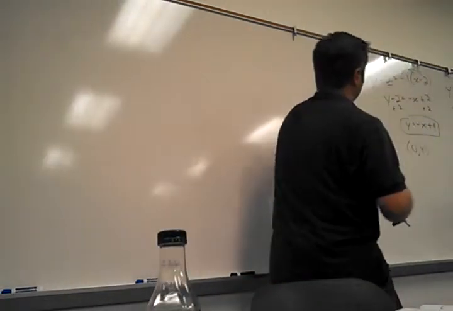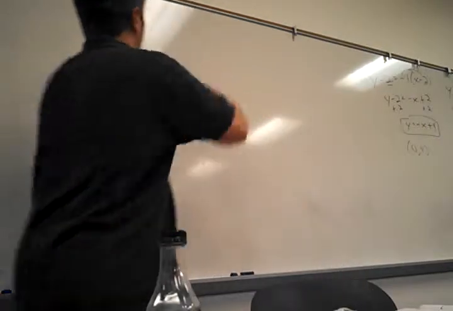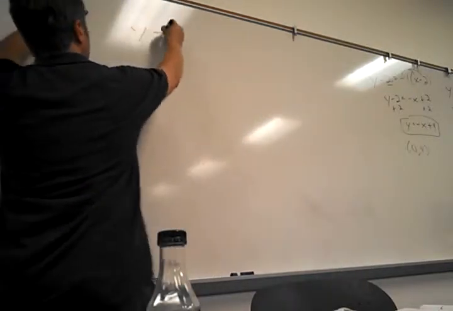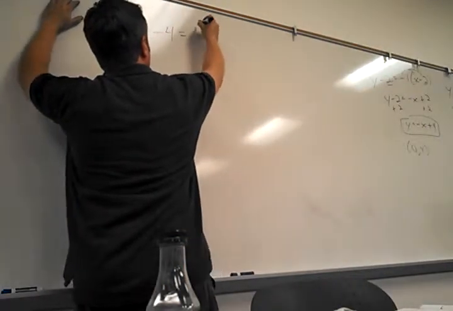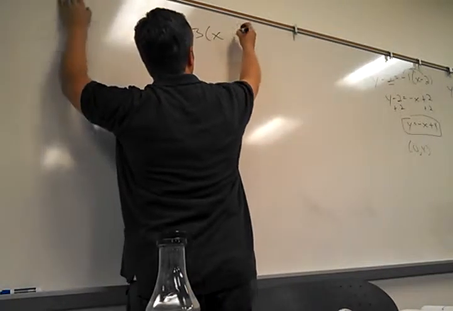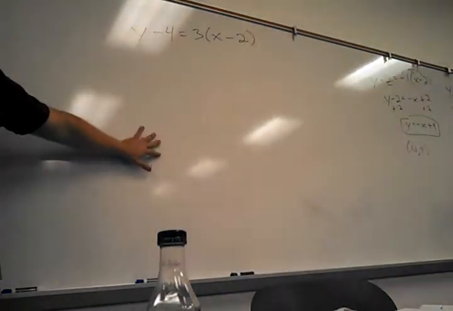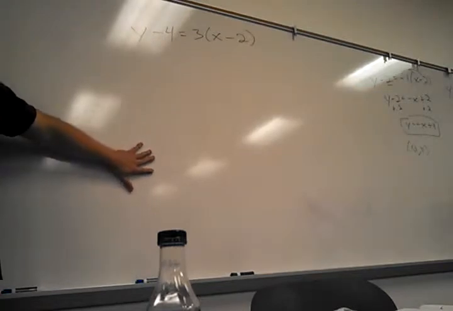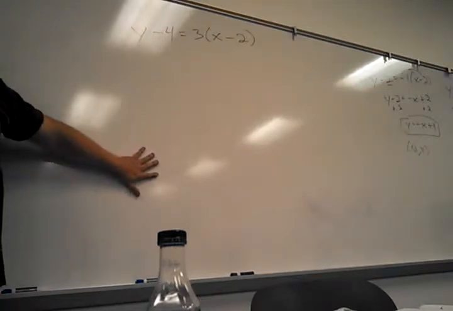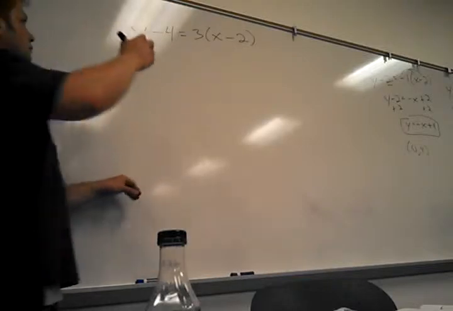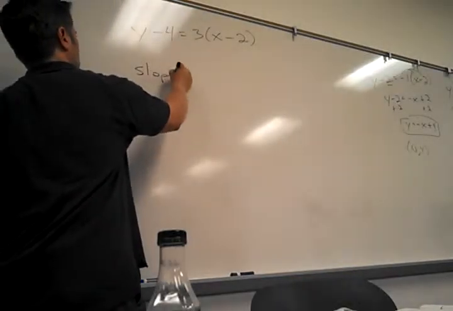Okay. So let me ask you this: if I give you an equation like this, can anybody tell me anything about that line specifically? What's the slope? We know the point. Slope is 3.